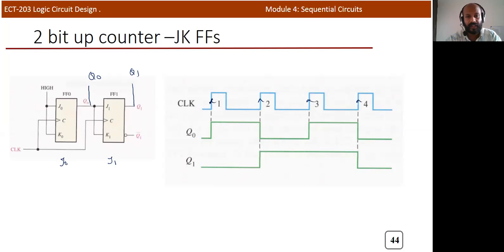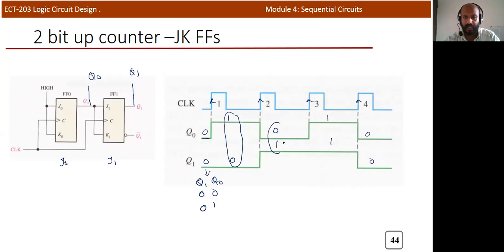For the first rising edge, we can verify Q0. Initially it is 0 0, then 0 1, then 1 0, and finally 1 1, and again it goes back to state 0 0.